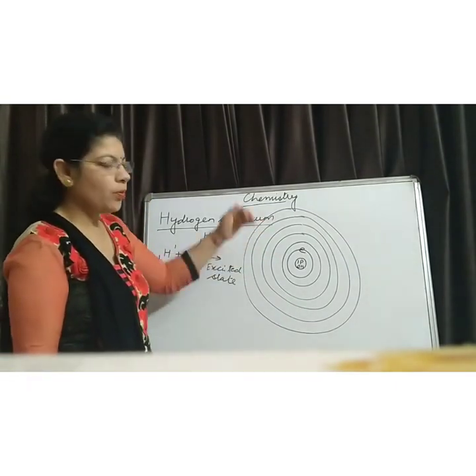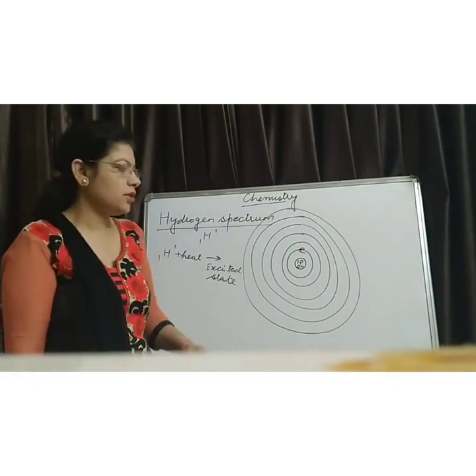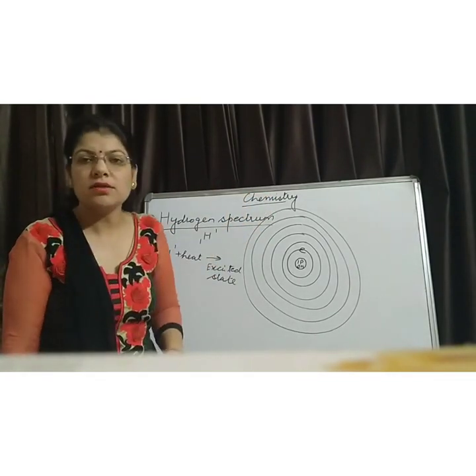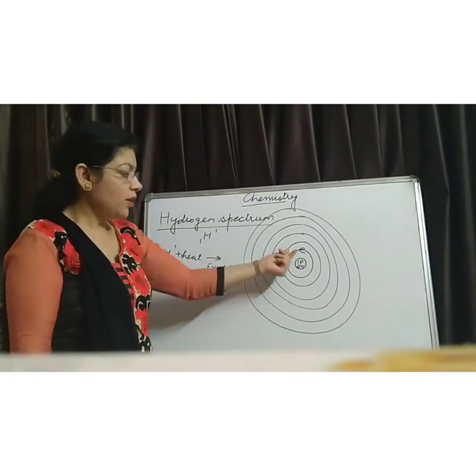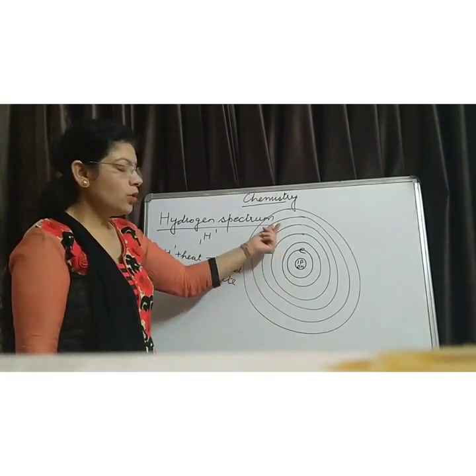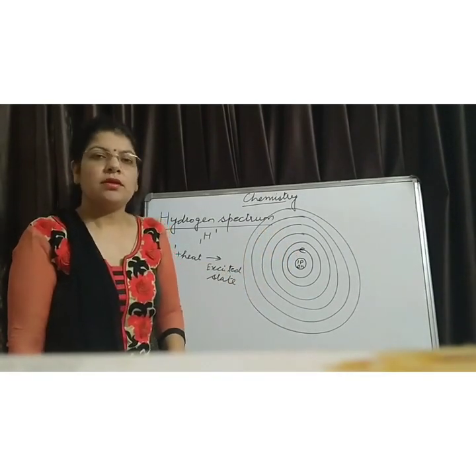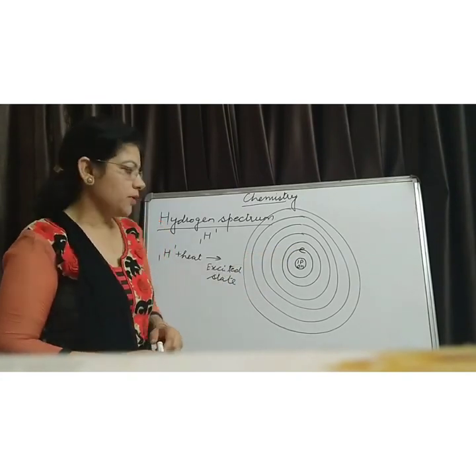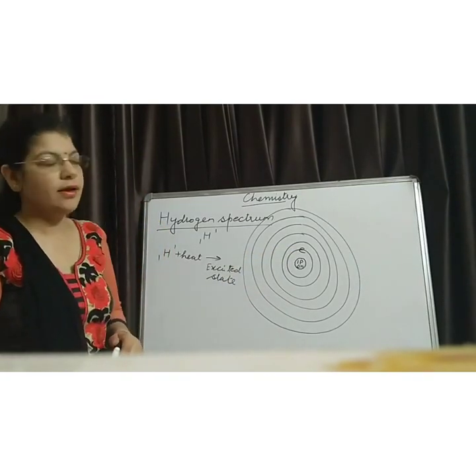As these all orbits have higher energy, therefore these all orbits are unstable, or when the electron jumps into these orbits, then this electron becomes unstable because of the higher energy.